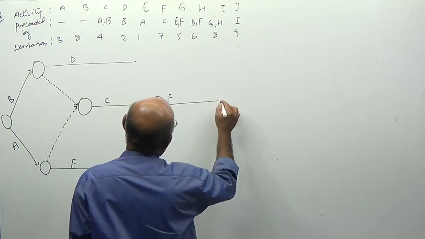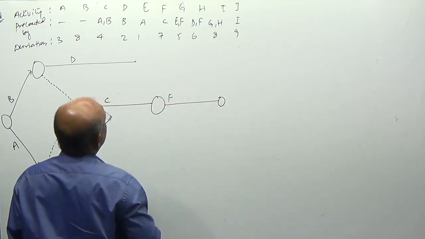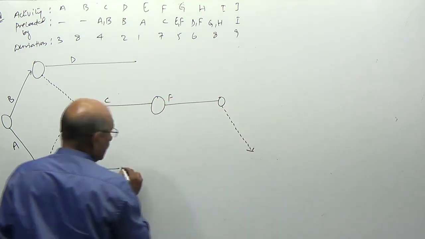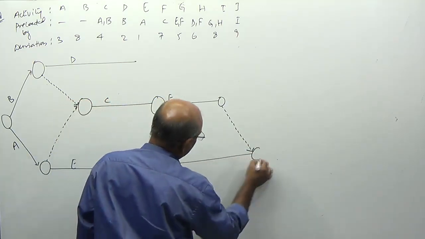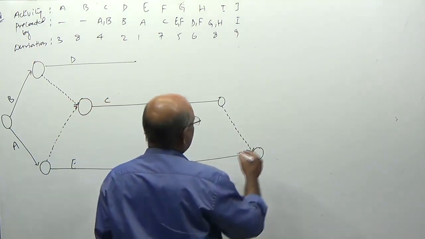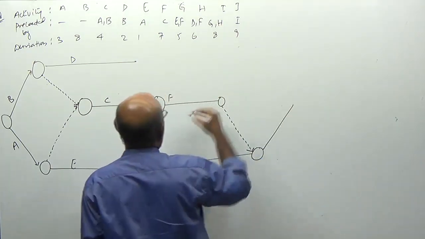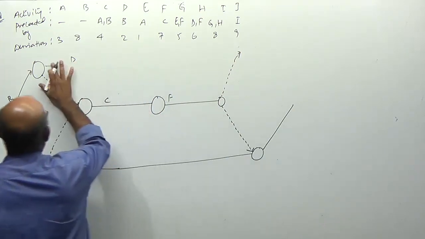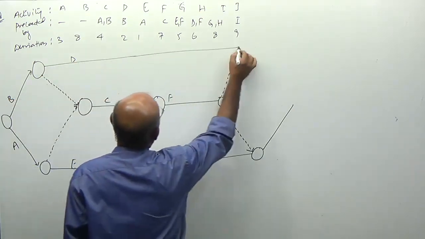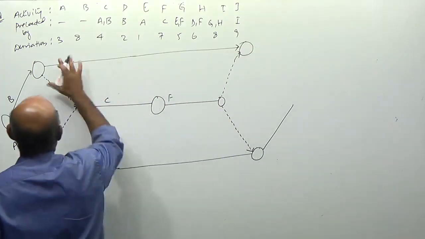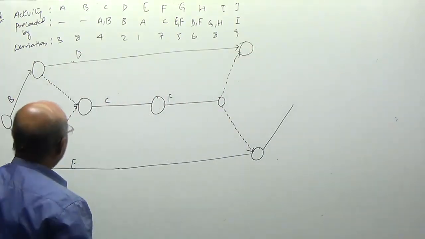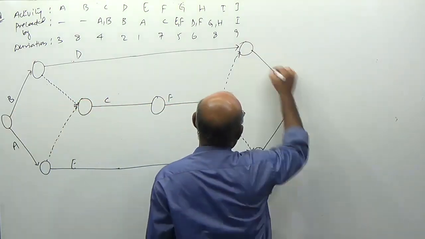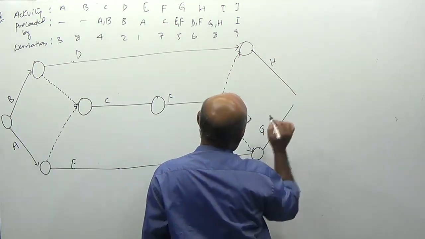E and F, where they are merging, activity G is coming. Activity D and F, where they are merging, H is coming.